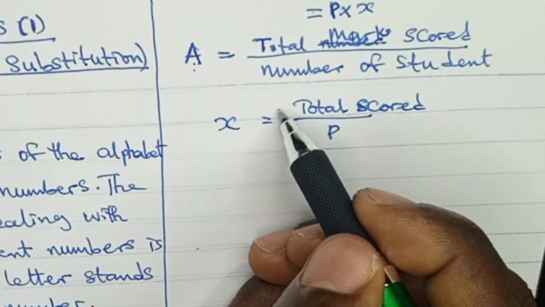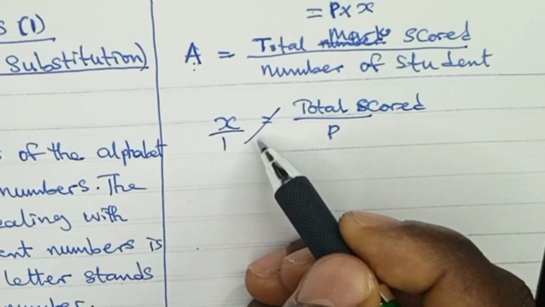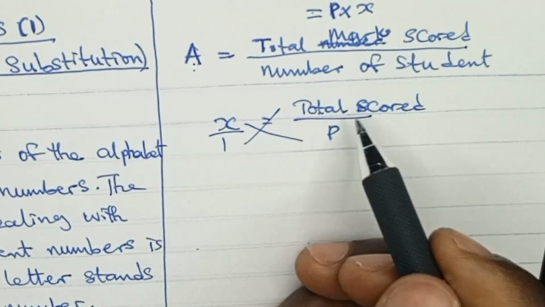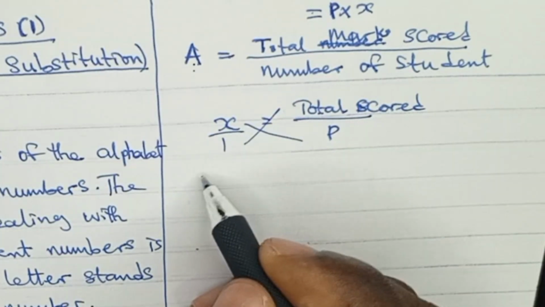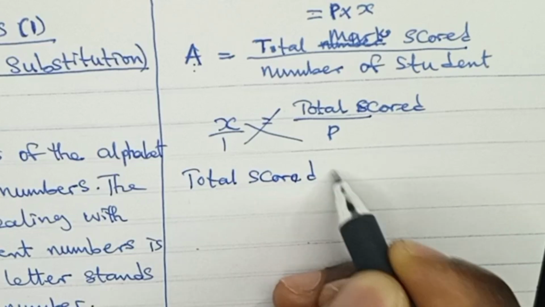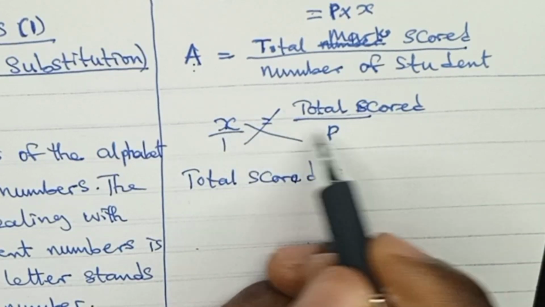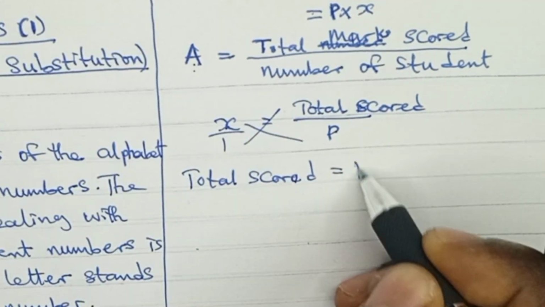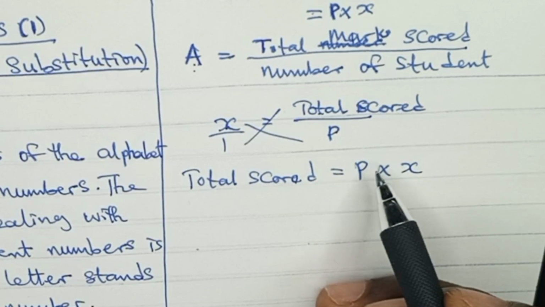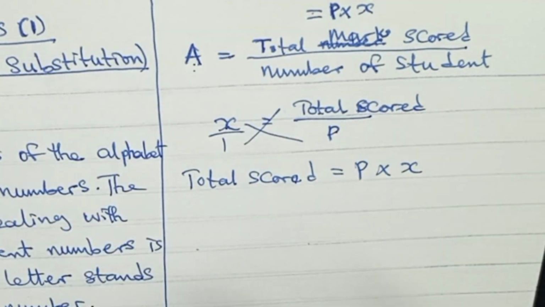So from here, we can cross multiply, over 1. The total score, when we cross multiply, is p times x. I can also write x times p, but I want to write the letters that come first, p before x. So p times x.